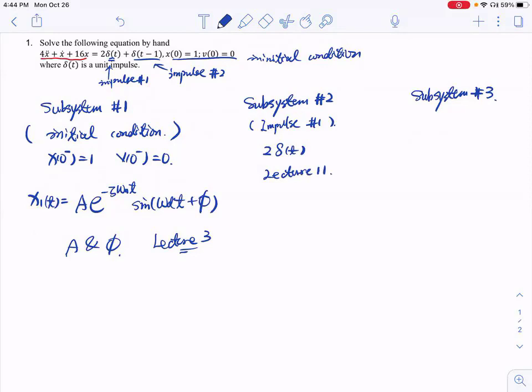If you remember, the response for that system is F hat times h(t), where F hat is the amplitude of your impulse excitation. In this case, your amplitude is 2, so it is 2 times h(t). And what is h(t)? In lecture 11, h(t) is 1 over m omega_d e^(-zeta omega_n t) sin(omega_d t).